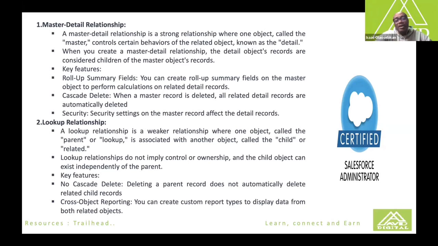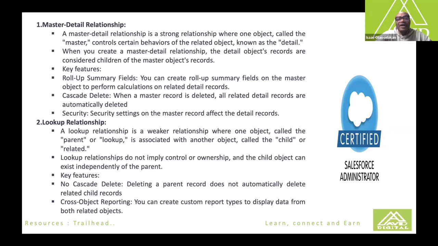Now, master detail relationship, I said it earlier, is a very strong relationship. It's a tight relationship binding two objects together. Let's say between the account object and the opportunity object, the kind of relationship that the opportunity object has with the account object is a master detail relationship.